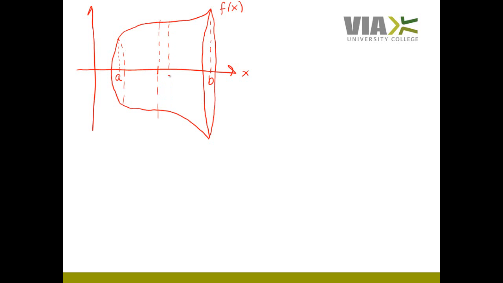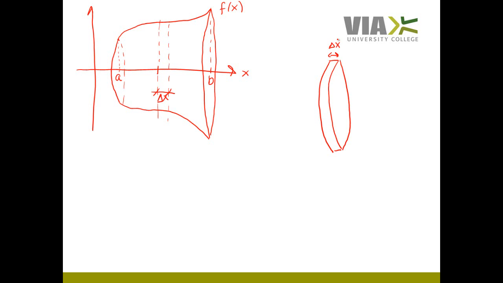If we say what we have here is delta x, and then we cut out simply this piece here, that will give us a small volume which will look something like this. I hope you can imagine that. Now I have simply cut out this small delta x, so this distance here must be delta x.